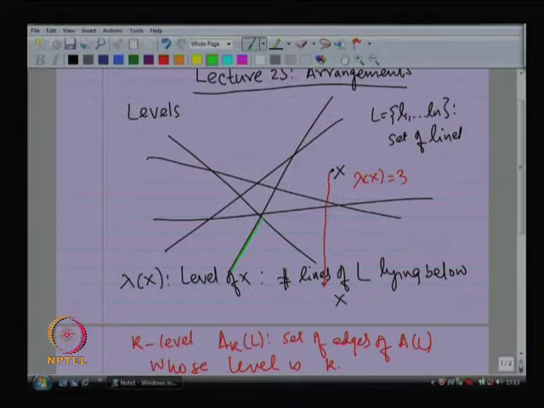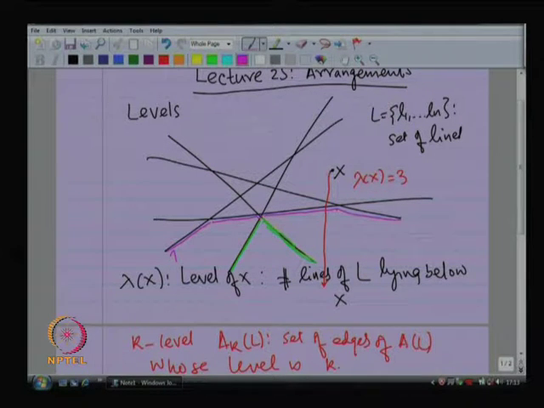Similarly, this edge also has label 0. Okay. Now, if I look at these edges, they are label 1, because if you take any point on any of these edges and draw a vertical ray, it will intersect exactly one line.